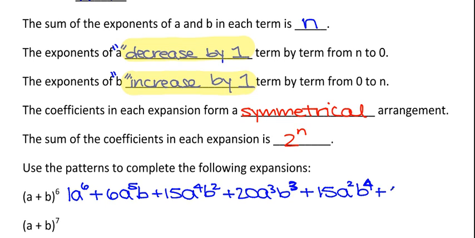Then 6 as a decreases and b increases. And lastly we had a 1, and a has now decreased to an exponent of 0, and b has increased to an exponent of 6. Again, note how the sum of our exponents in each term stays as 6.